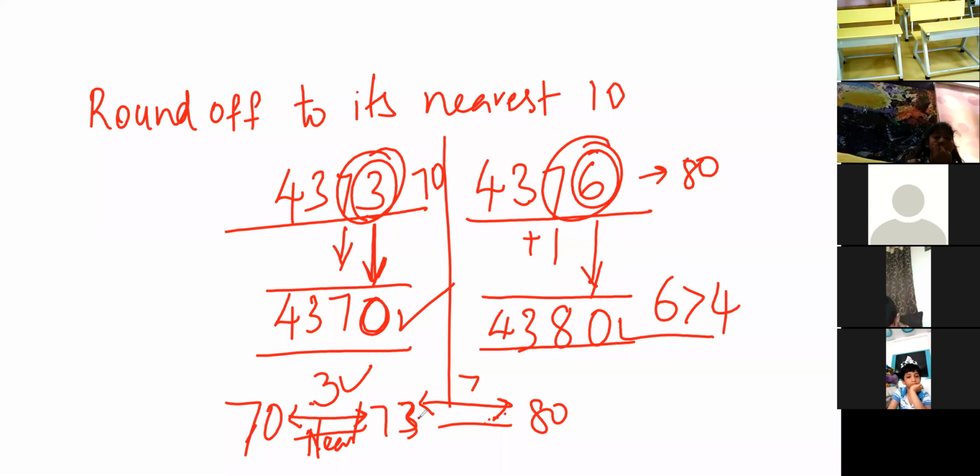So we are choosing 70 here by one method. What is that? Placing the ones digit as 0 and keeping the tens place as it is if it is less than 4. If the ones place digit is more than 4, then we are adding 1 in the tens place, right?